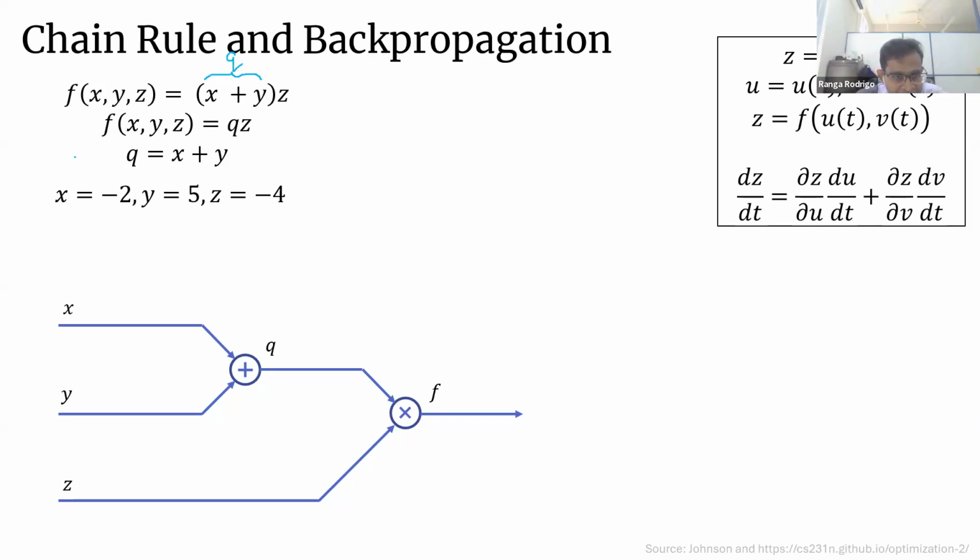Now my q is equal to x plus y, and f is equal to qz. Take these two equations and draw the graph. How am I getting f? I am getting f by multiplying q and z, so I have a multiply node here. This multiplication node is exactly the multiplication node right here.